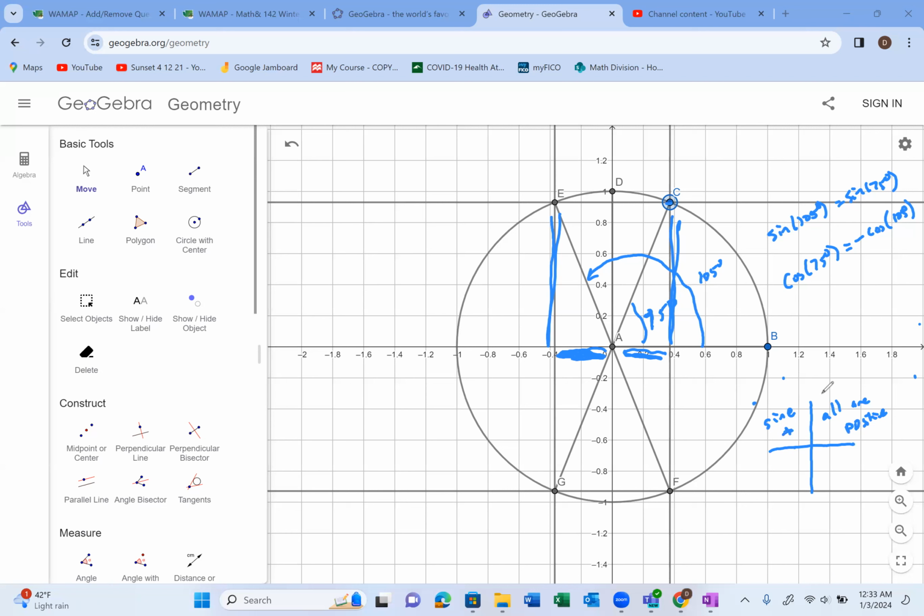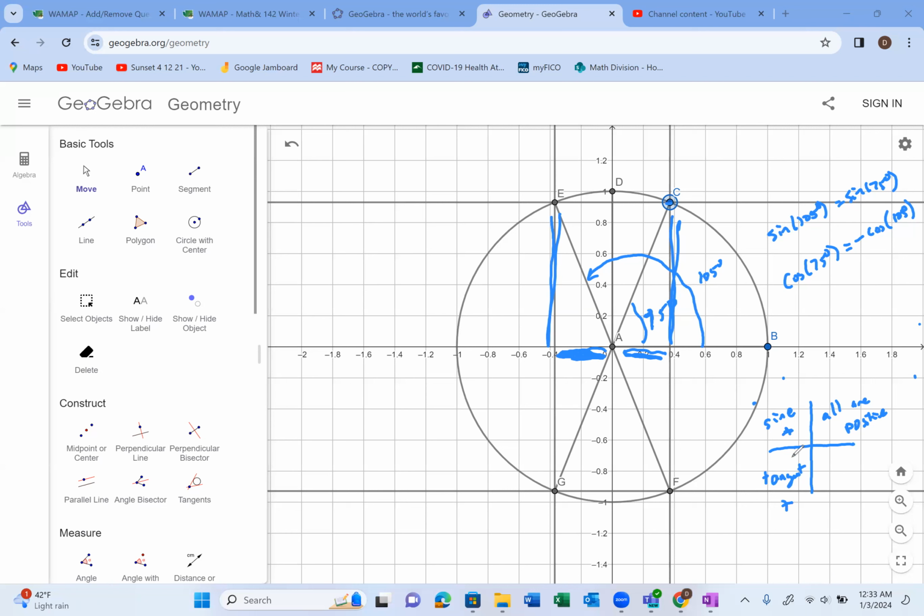Cosine and then tangent. Tangent is the y coordinate divided by the x coordinate. So in the second quadrant it's a positive number divided by a negative number, and it's going to be negative. In the third quadrant, the tangent is positive, but sine and cosine are negative.